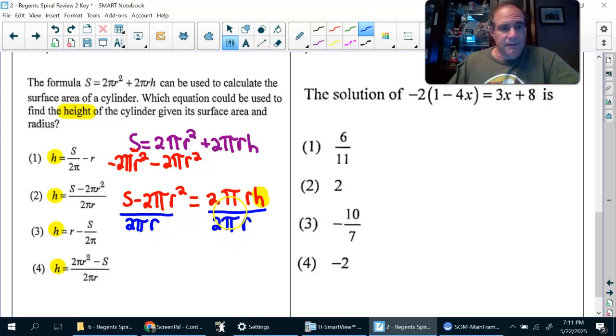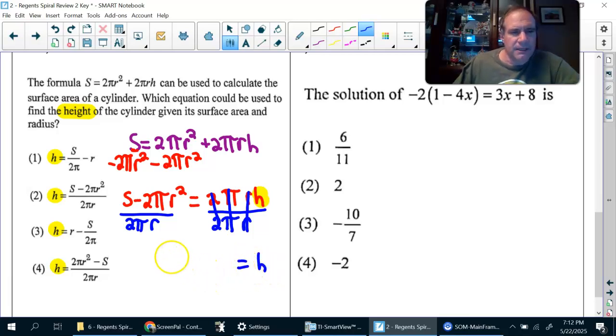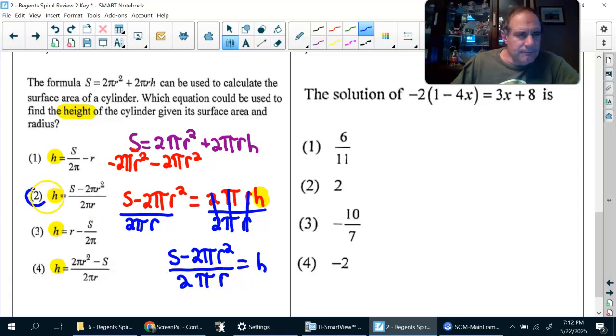I have this right here that I am going to cancel. So we're going to have the 2's cancel, the pi cancel, the r cancel. And then we're going to write h equals, and I know it's backwards a little bit, S minus 2 pi r squared over 2 pi r.